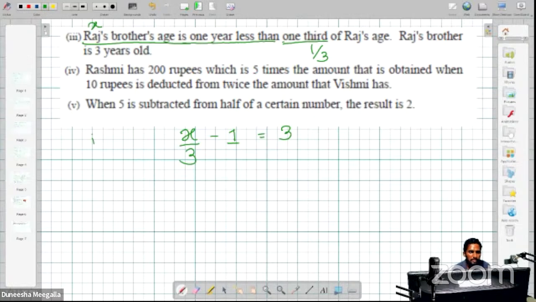Did you get the answer? Okay. Get the equation for the fourth one.